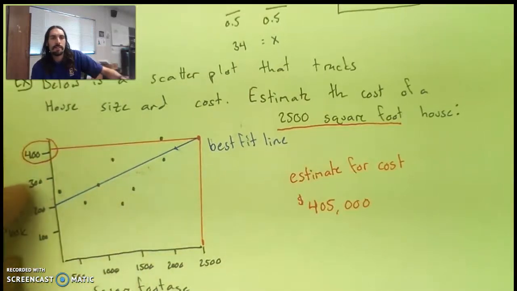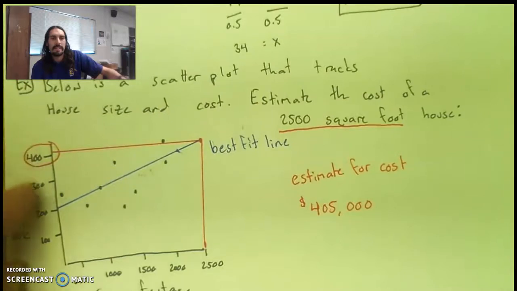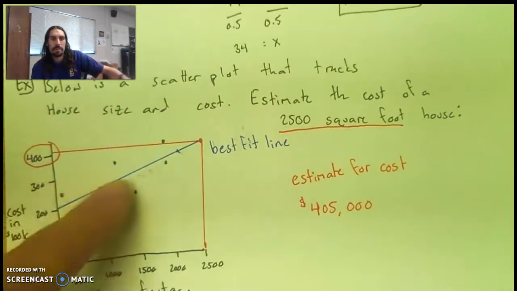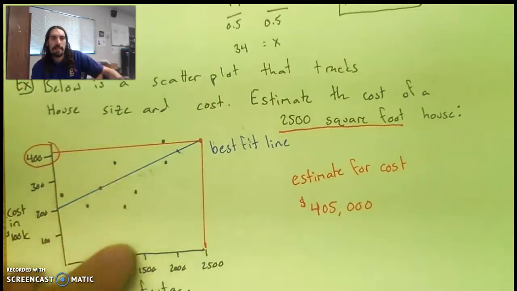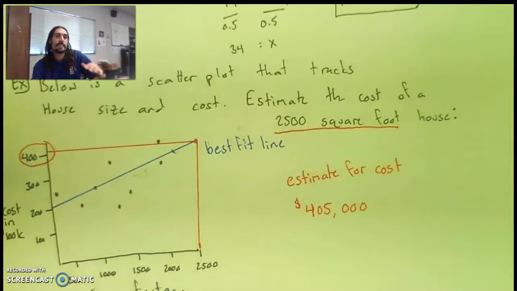Any starting value on the y-axis, I could go across to my line and then make an estimate on the square footage. It's not saying it's going to be perfect. A prediction is just an estimate. Obviously, the better your data, the more accurate it may be. But at the end of the day, it's just an estimate.